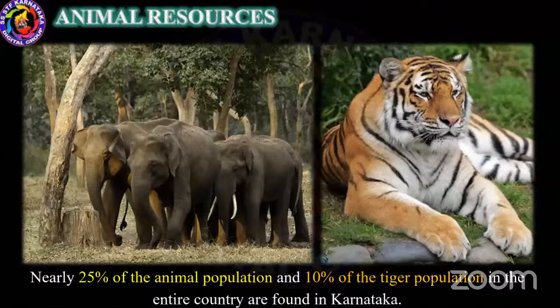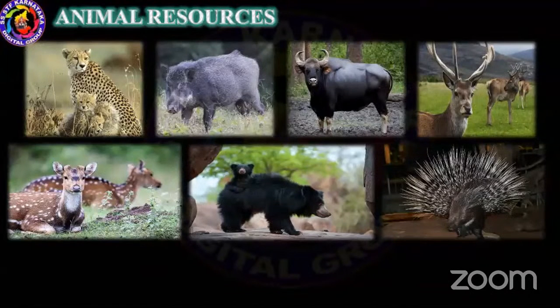In other states' forest areas, the population of tigers is decreasing, but in Karnataka it has been increasing. These are the variety of animals, or different kinds of animals, which are present in the Karnataka forest area.